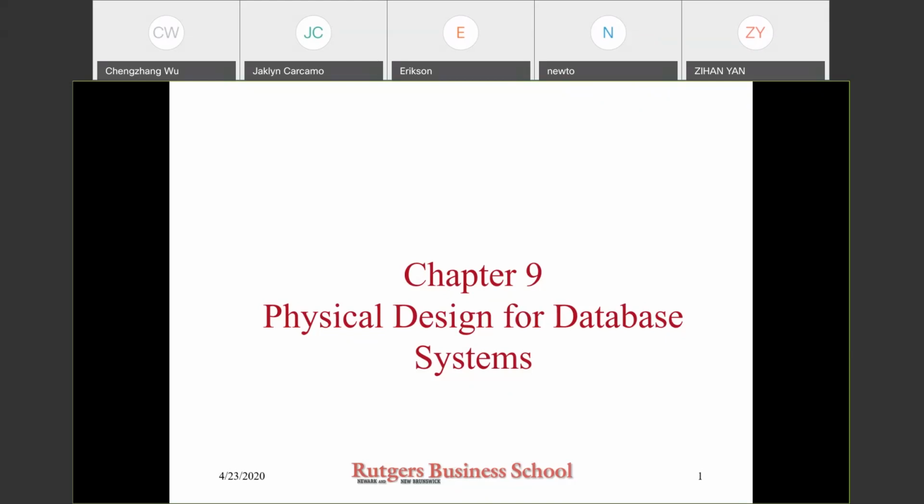Different tables in the database system. If you can recall our database in Access, you will see different tables, right? So these are the physical design of the database system. How to convert the logical design to physical design, that is what we are going to discuss in this chapter.